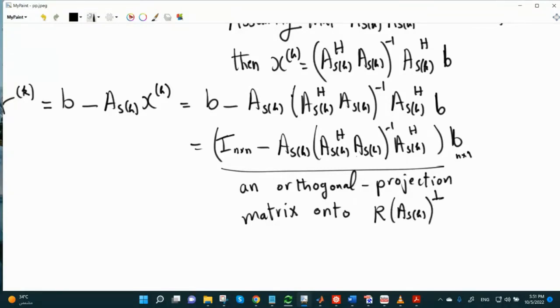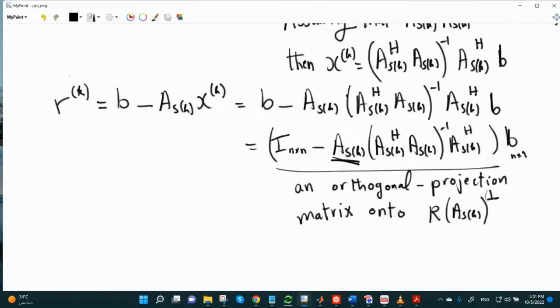So this matrix projects orthogonally onto the subspace that is orthogonal to the column space, or the range, of matrix A sub S of k, which means that if you take this matrix and multiply it by any vector in the range of A sub S of k, you will get 0.